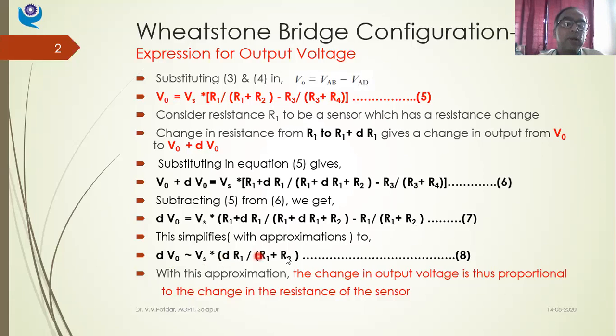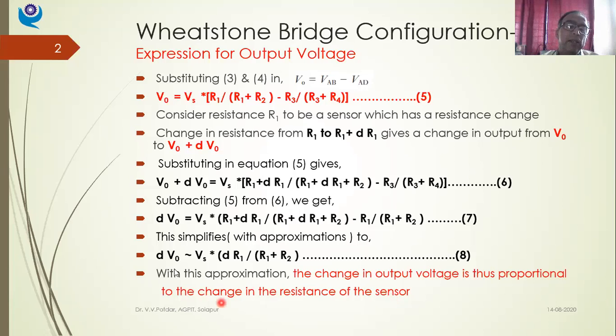So what does it mean? With this approximation, the change in output voltage is proportional to the change in resistance of the sensor. So in a Wheatstone bridge, to prove that change in output voltage is proportional to change in resistance, we can derive this expression and show it if asked.